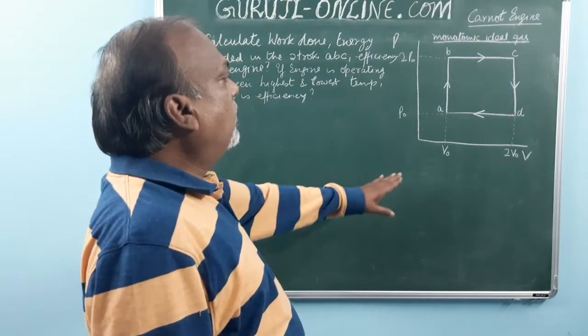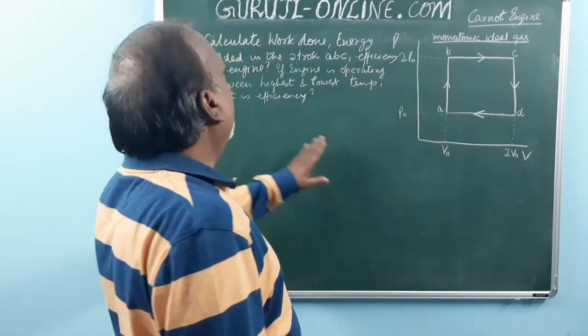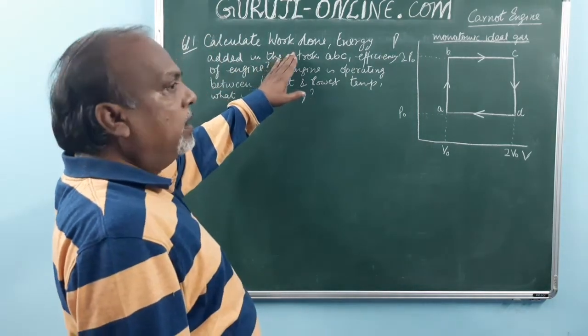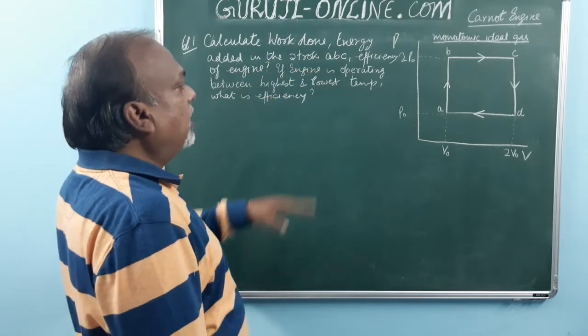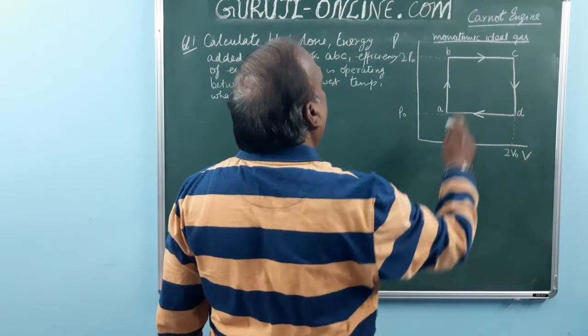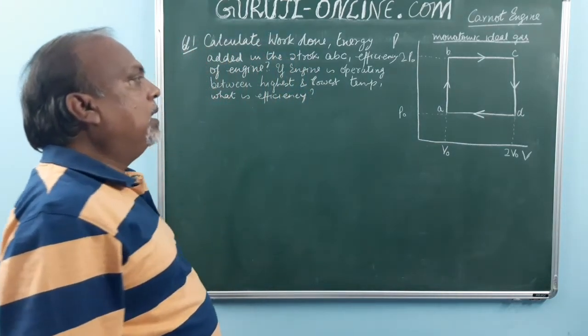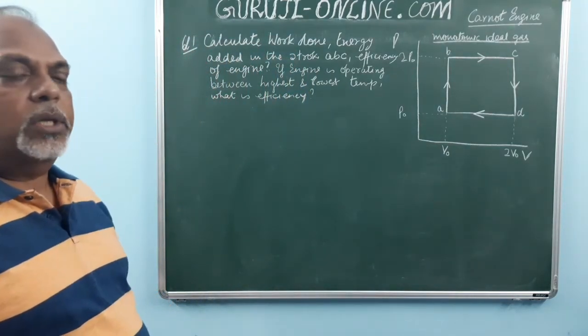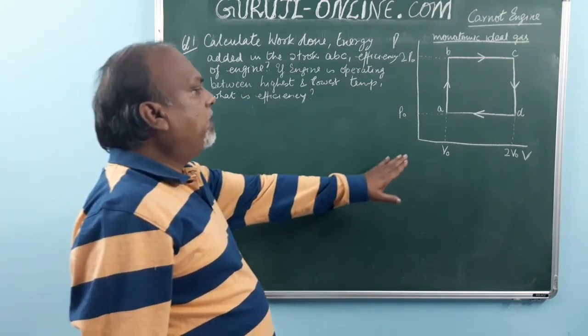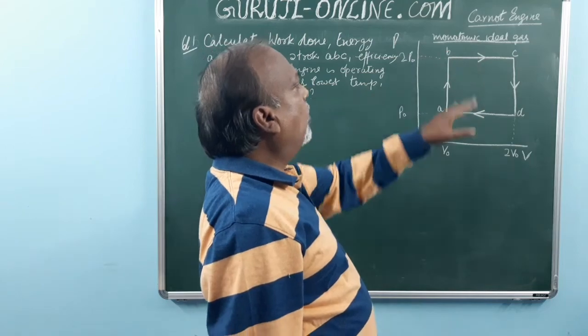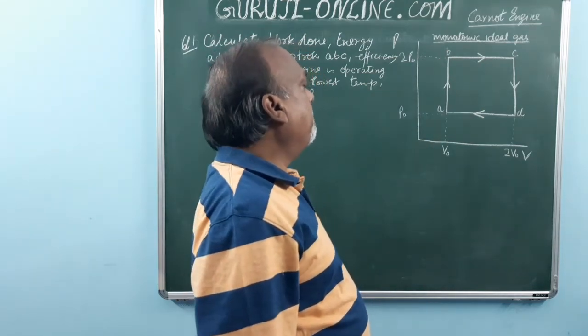We have to calculate the work done, the energy added in the stroke ABC, and the efficiency of the Carnot engine. This is pertaining to a monatomic ideal gas.